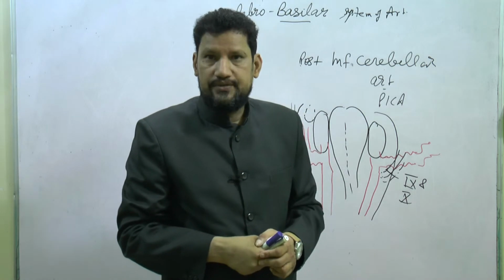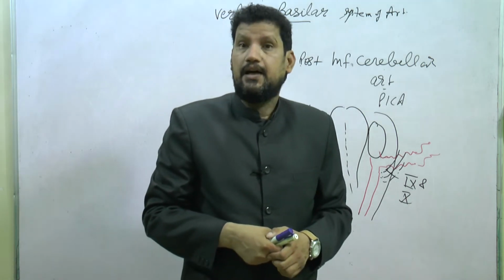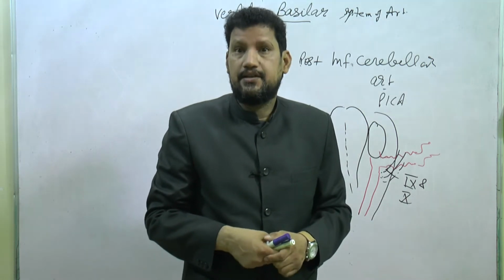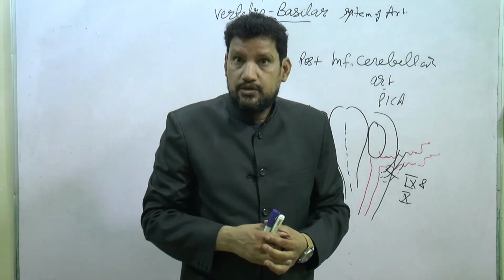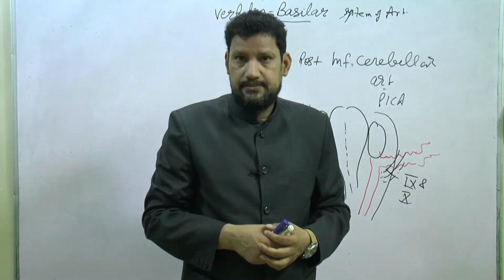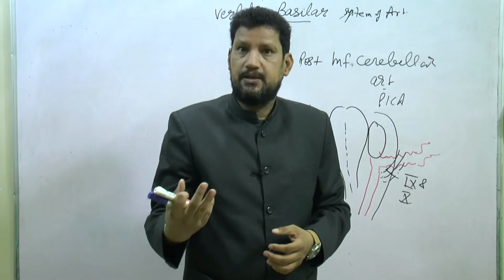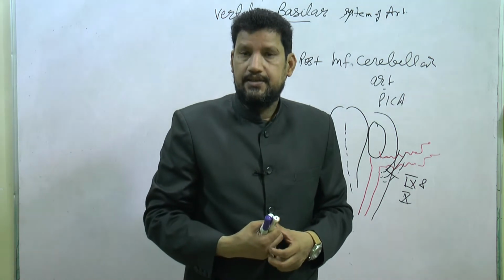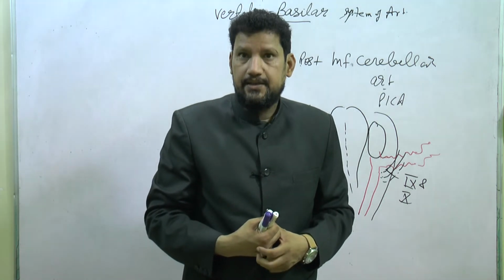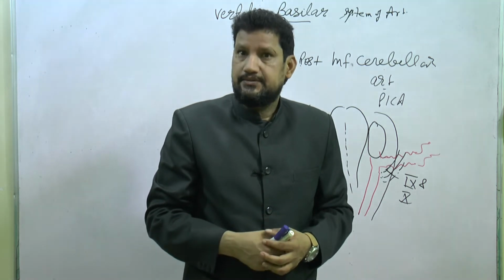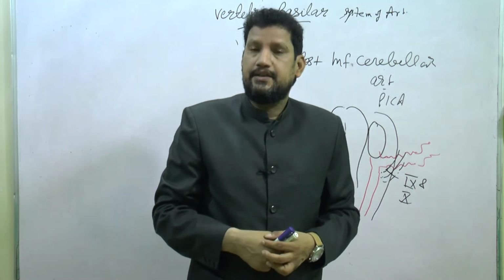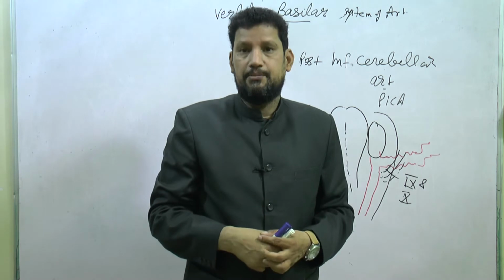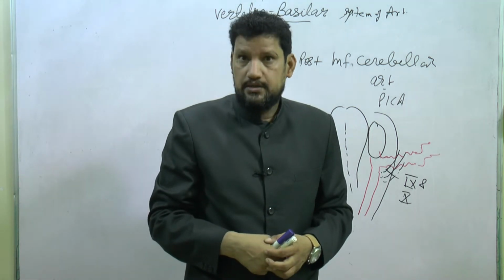Anterior branches run anterior to the dorsal roots of the spinal nerves, and the posterior branch runs behind the dorsal root of the spinal nerve, supplying the medulla and spinal cord.